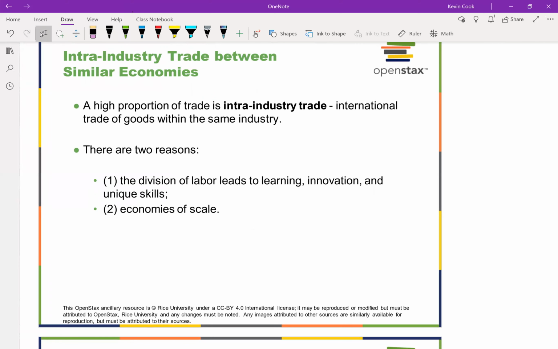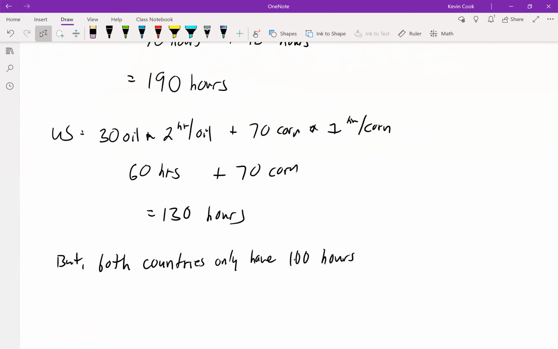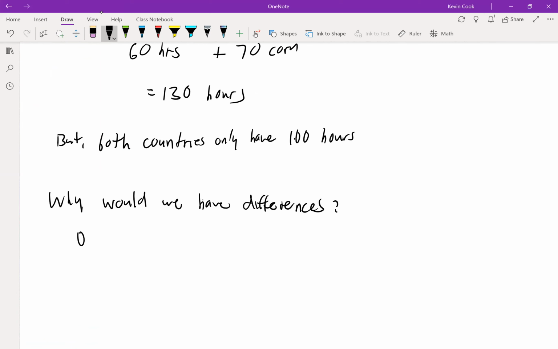And the reasons we may have this, I'm just going to talk about a little bit longer, and then we'll be done, potentially a little early today. But the reasons that we're interested in this: why would we have these differences? It comes down to different opportunity costs and different productivity for each good.